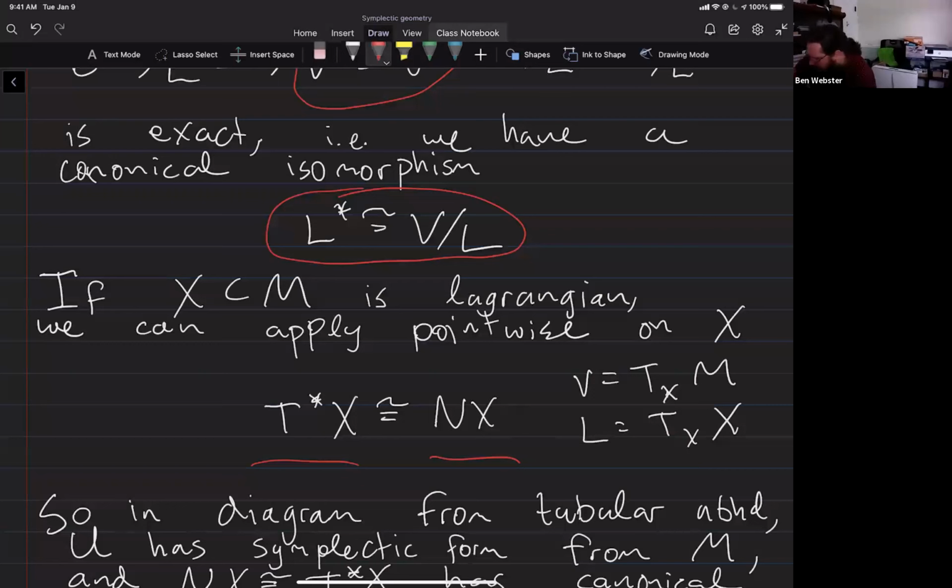I'll probably remind you of this from time to time. One way to say this is, to a Lagrangian submanifold, it always looks like it's the zero section of a cotangent bundle. That's a kind of universal model for what Lagrangian submanifolds look like if you only look very close to the submanifold.